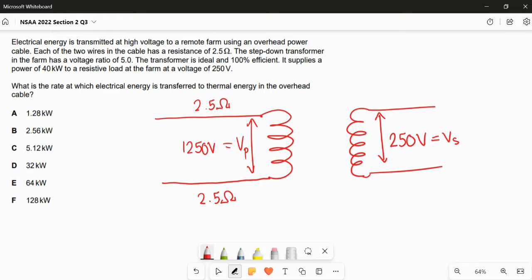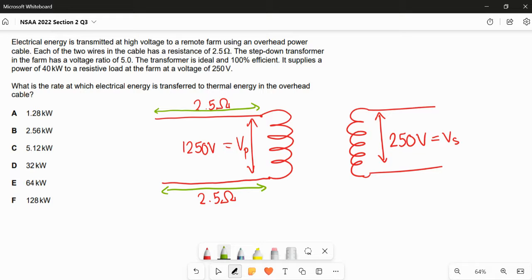So how do we get the energy lost as thermal energy in these two wires? Well, the first thing to notice here is that the voltage dropped across the wires would not be the same as that voltage dropped across the coil. That is the good kind of voltage that we want dropping, as the power from this section will be transferred into the secondary circuit.